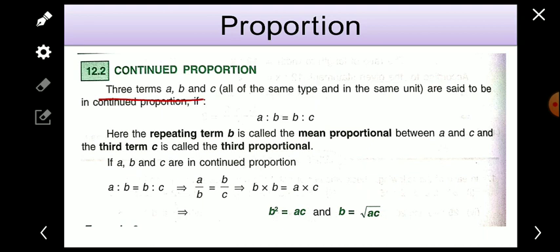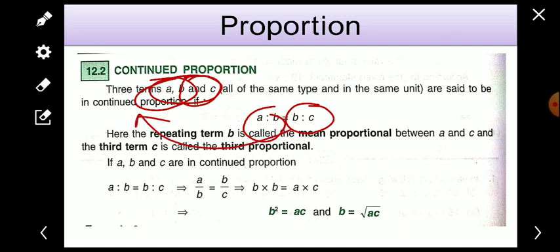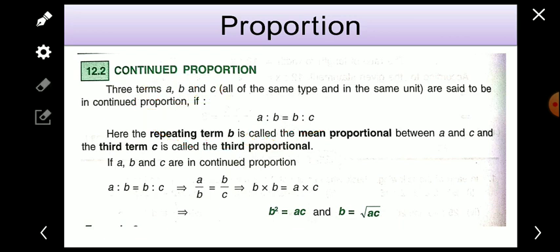Then three terms A, B, C are said to be in continued proportion when A is to B is equal to B is to C. Here try to understand that there are only three numbers, A, B and C. The ratio of the first two quantities and the ratio of the second and third quantities should be equal. Then we will say that they are in continued proportion.